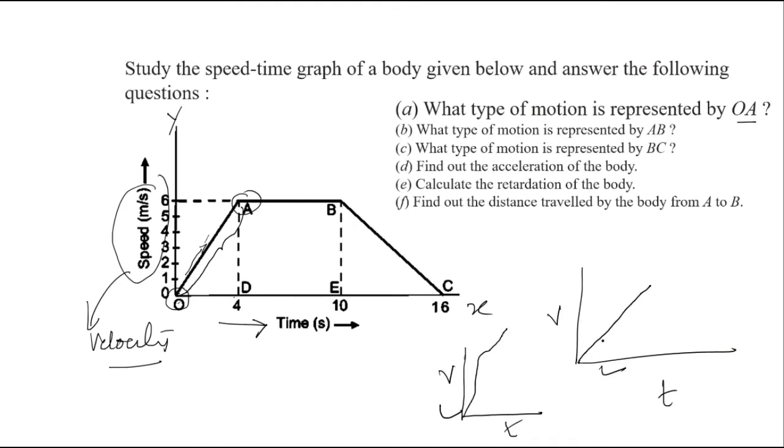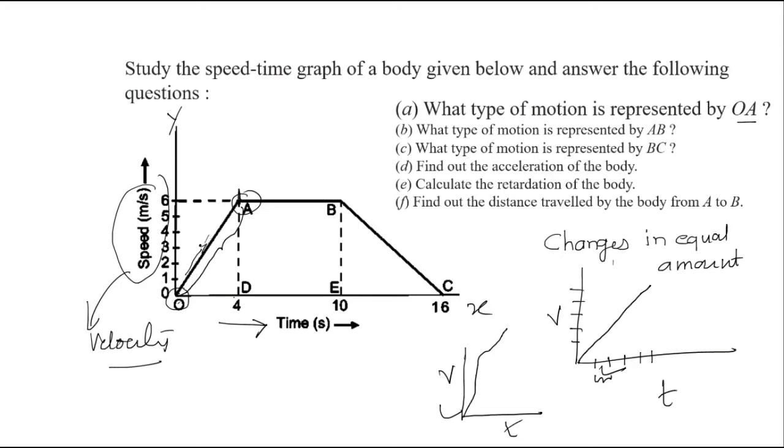Here the speed as well as velocity changes in equal amount. What does it mean? It means for every second you will find an equal change in velocity here. If it is 1 meter per second for every second till here, there is an equal change in velocity, and then only you will get a straight graph.